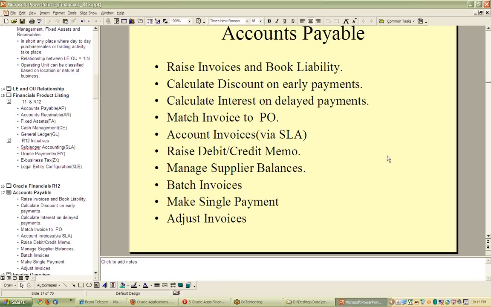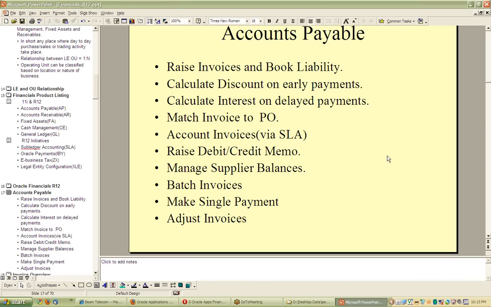Whatever transactions take place, payables, receivables, all these transactions, they take place at the operating unit level. They do not take place at the legal entity level. Legal entity is at the higher level. So whenever we say we want to purchase goods or sell goods, we'll always refer to an operating unit, not a legal entity.